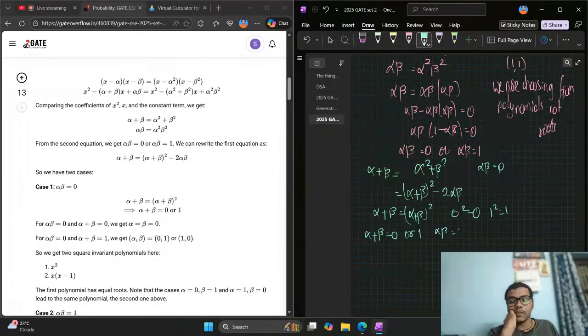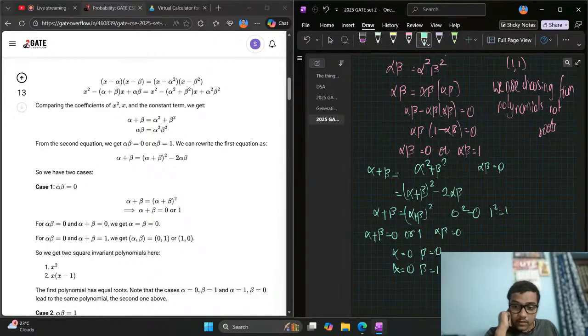Now compare these two. So alpha is equal to 0, beta is equal to 0, it's only 1. Alpha is equal to 0 or alpha is equal to 1, beta is equal to 0.